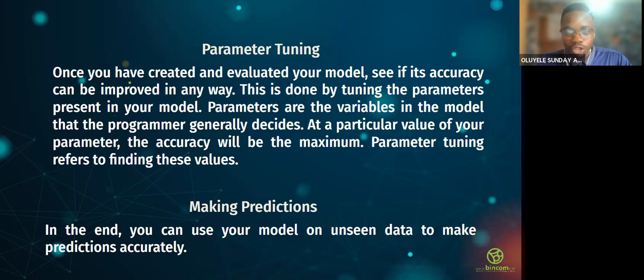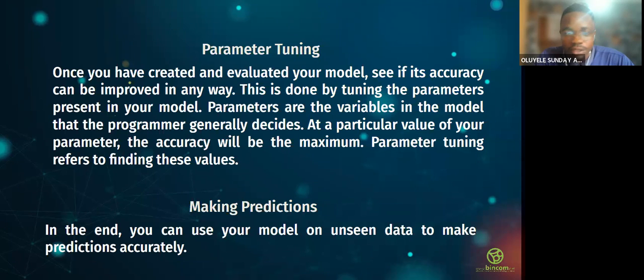And you just discover that by tuning some of the parameters, for instance if we are creating models like random forest, we can give some parameters to it to check for better accuracy of the model.